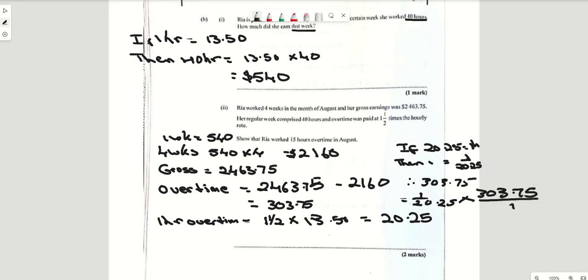When you multiply this, you're supposed to get 15 hours, but let's just check. 303.75 divided by 20.25. And yes, you are getting 15 hours, so yes, she did work. So this is how you would show that she did work 15 hours overtime.